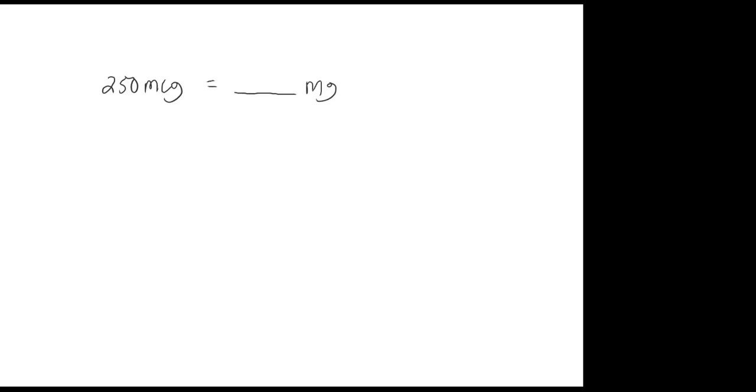If you're following the bump method, I like that, I'm actually going to use that from now on. My decimal point's here, and I'm going to move over 3 spaces. So my answer would be 0.25. Notice I got rid of the lagging 0 once I shifted that over. So 0.25 milligrams would be the correct answer.